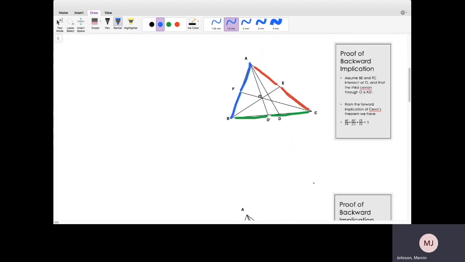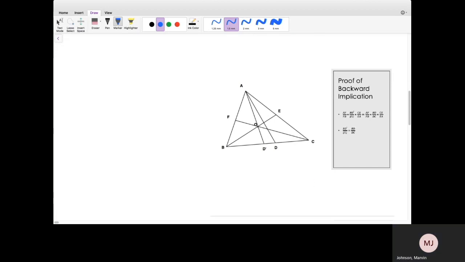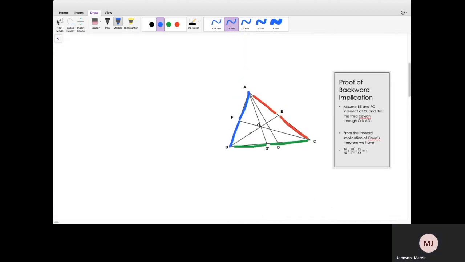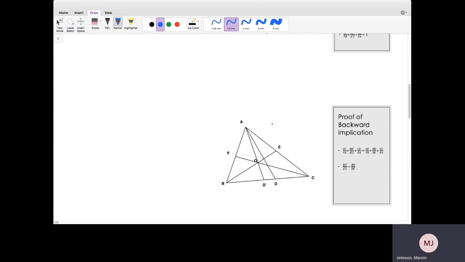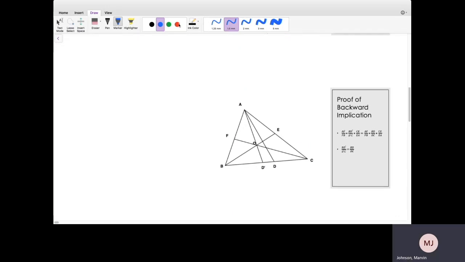We have two things that are equal to 1 here, so we set those equal to each other and get rid of like terms. We have AF over FB on this side and on this side, and CE over EA on this side and on this side. So we're left with this equation right here: BD prime over D prime C is equal to BD over DC.